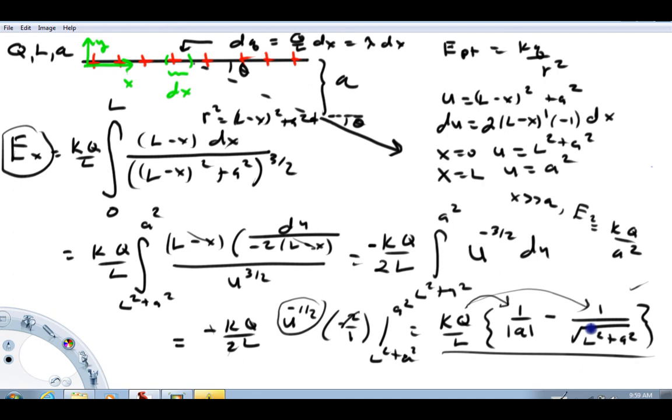This was not quite the approximation I wanted. Let me back up. My apologies here. What I meant by that was if a is larger than L in our problem, if this dimension is a lot larger than this dimension, then this thing is approximately a point charge. And then if a is larger than L, when you combine these, you'll find that it will converge to this kq over a squared. So again, this expression is just the x component.